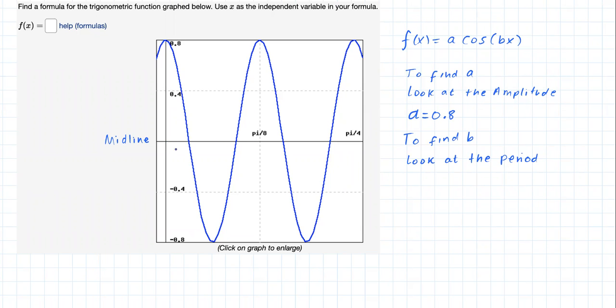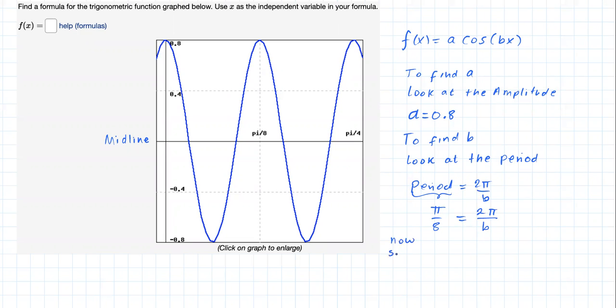Input-wise, from 0 to pi over 8. So the period, which in general is of the form 2 pi over b, is just equal to pi over 8, right? So pi over 8 should be set equal to 2 pi over b.